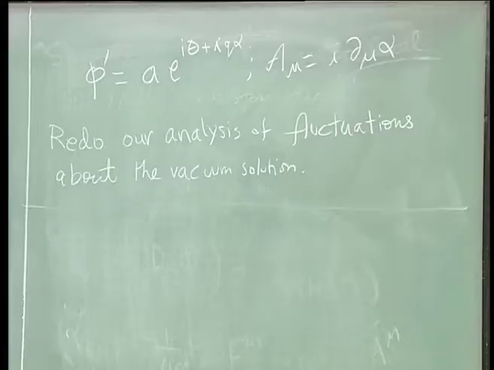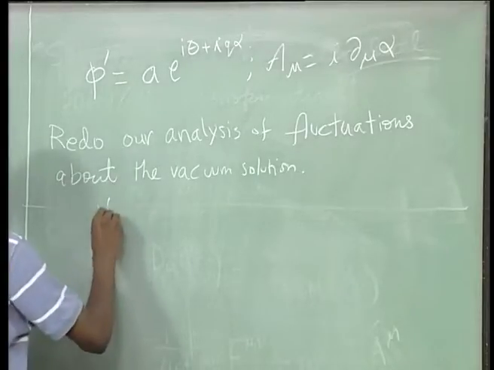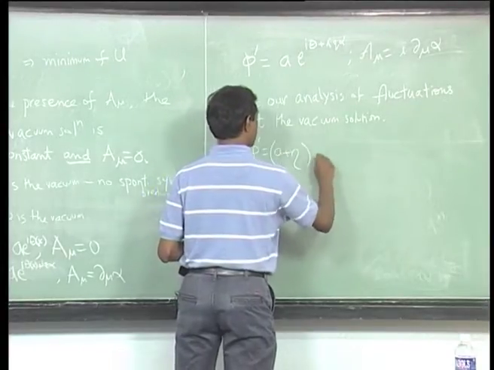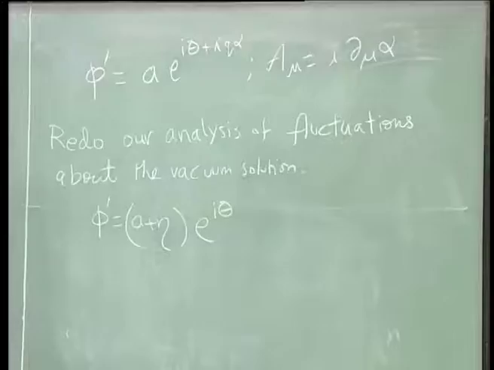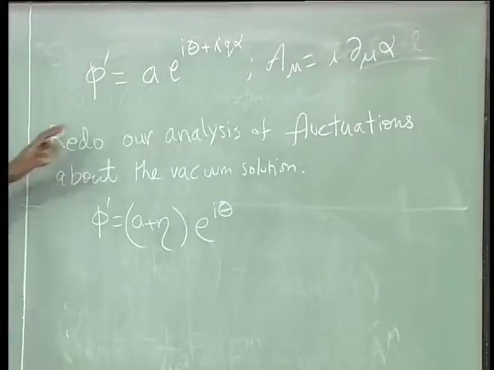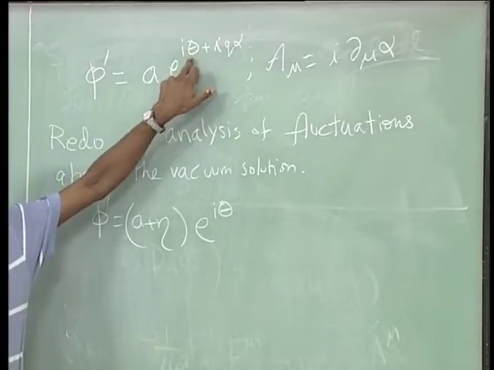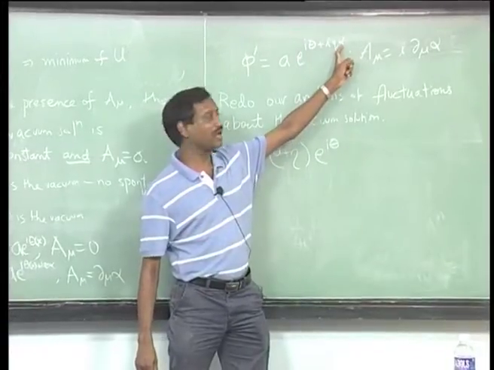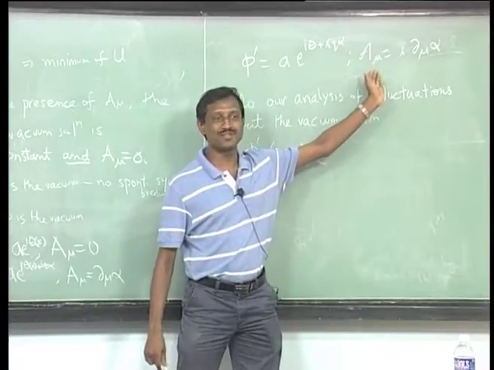The way I would do that is by shifting the A. So, then you would write phi prime equal to A plus eta and e power i theta. So, first step is that you can see that if theta were some constant, I can always eat up the phase of it by shifting alpha, and A mu will continue to remain 0.